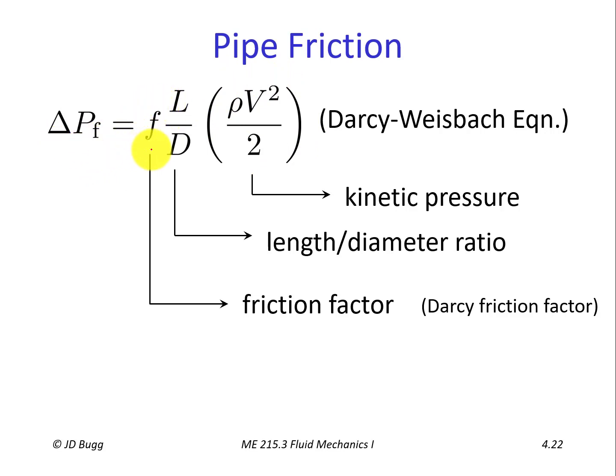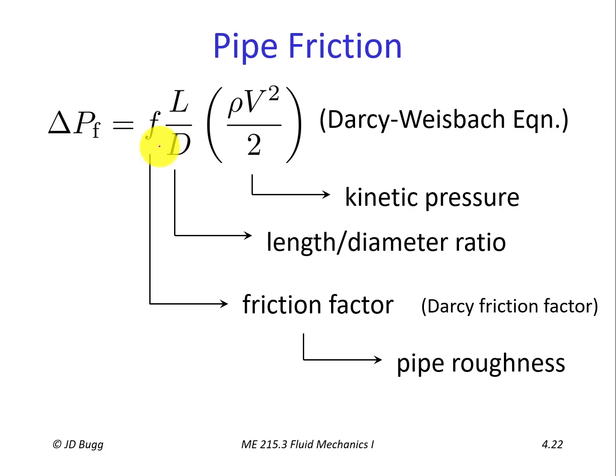But this one we don't look up in a catalog for different types of pipes. Calculating this f is a little more complicated than just looking up a minor loss coefficient, because f is a function of a couple of things. The first one is pipe roughness.